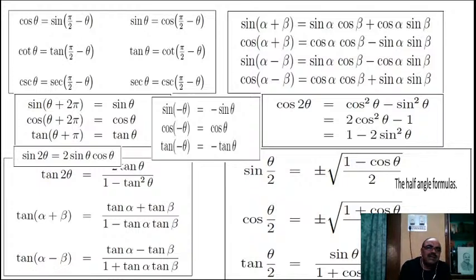So 90 minus theta: sine of 90 minus theta is cos theta. Cos of 90 minus theta is sine theta. Tan of 90 minus theta is cot theta. Cot of 90 minus theta is tan theta. Secant of 90 minus theta is cosecant theta.